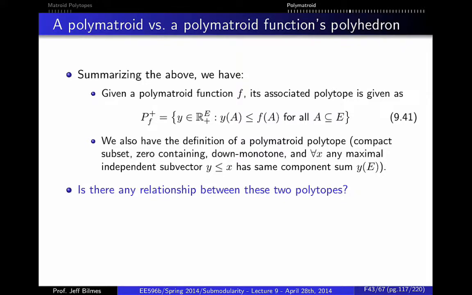Now, do you see the analogy with the matroid case? Here we're defining this polymatroid polyhedron in 9.41, and essentially something analogous to the independent sets of a matroid in the second bullet point. And it turns out there's a very strong relationship between these two: they're identical.